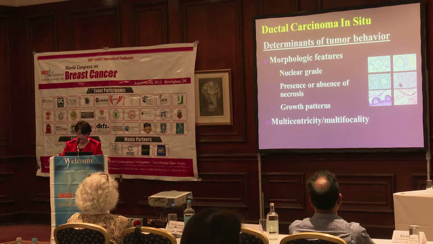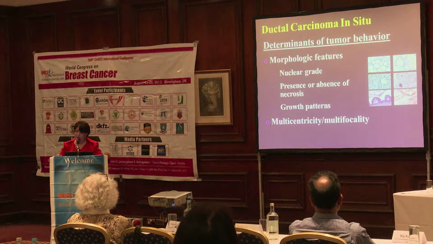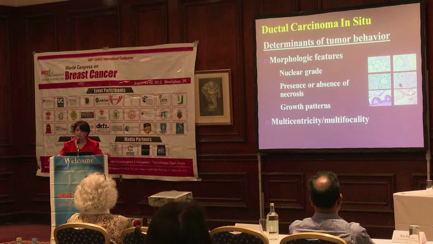The determinant of tumor behavior in carcinoma in situ depends on the morphological features of ductal carcinoma in situ. As you can see here, ductal carcinoma in situ can present differently based on the nuclear grade, presence or absence of necrosis, and the pattern of presentation.